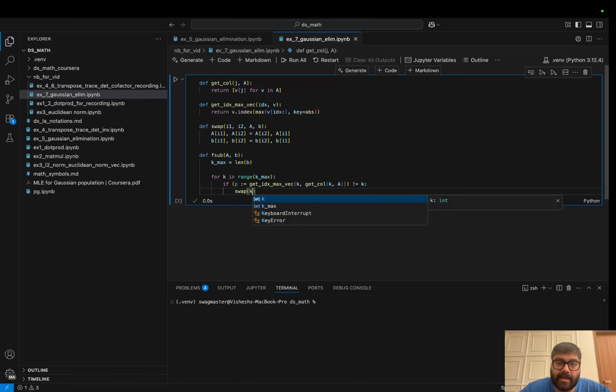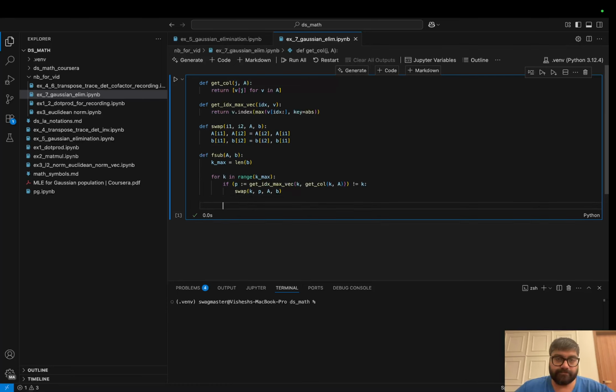I take k, the current index, and give it p, the new index, and then I just give it a and b. Boom and boom. So we've figured out the pivoting so far, guys. Pivoting is done, and I'm just trying to do it all from memory. I'm a little scared.